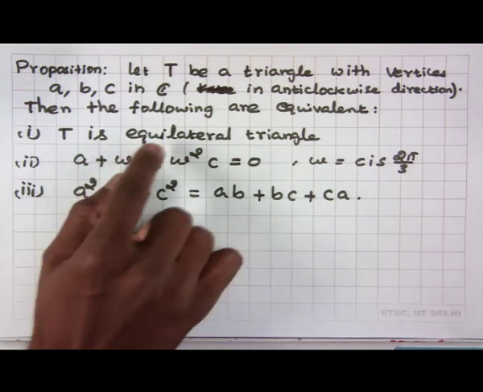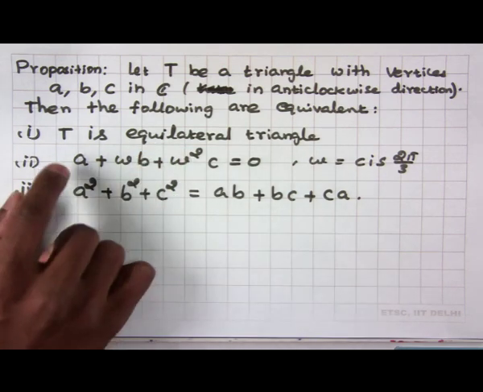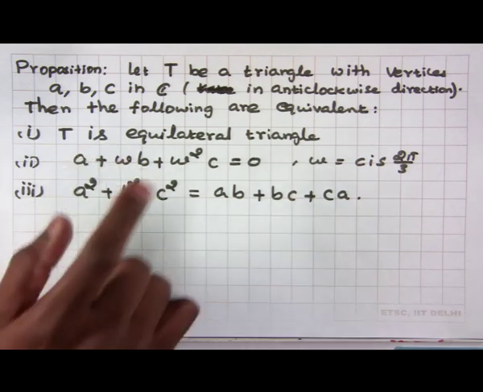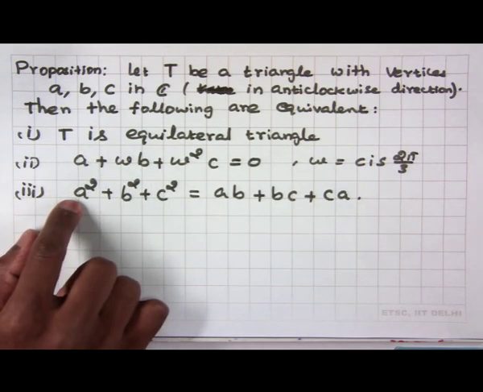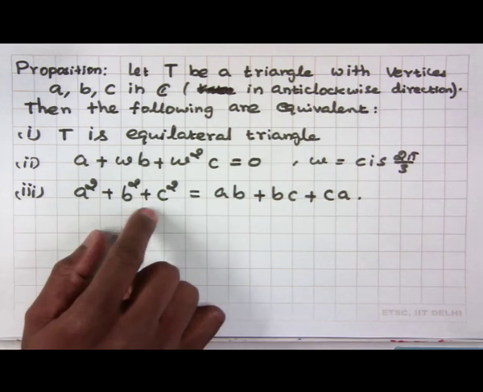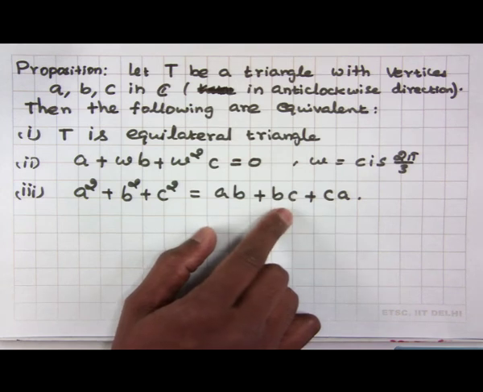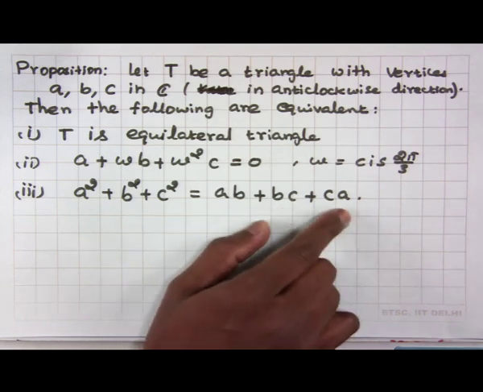And it is an equilateral triangle if and only if it satisfies this equation as well as the other equation, that is A square plus B square plus C square equal to AB plus BC plus CA. Let us do a simple problem.